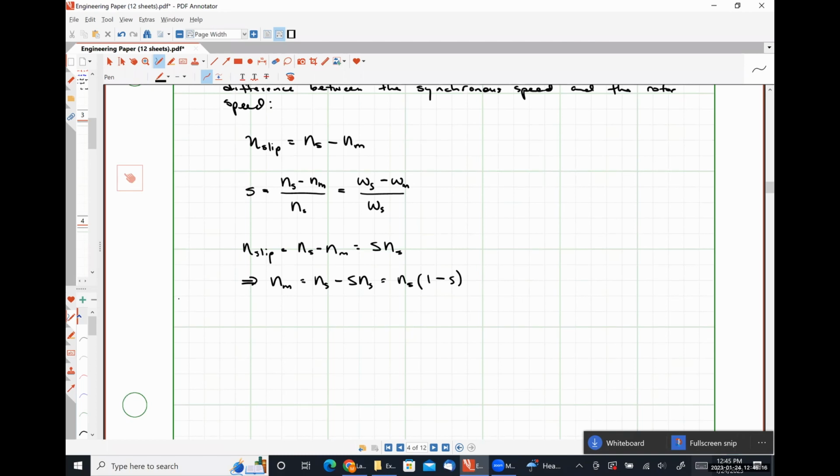Okay, so what happens if S, our relative slip, is equal to 0? What does this imply? Well, in this case, that means NM must be equal to NS.